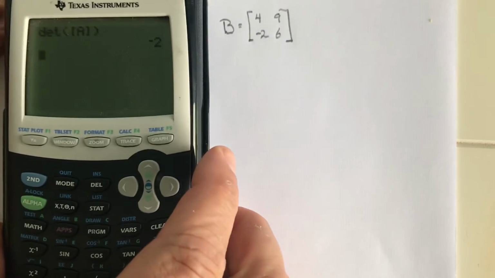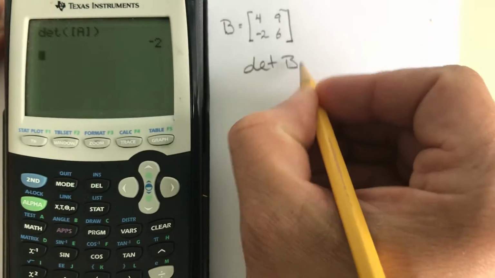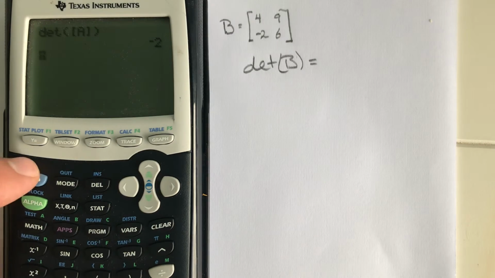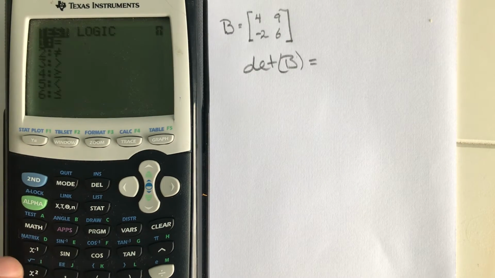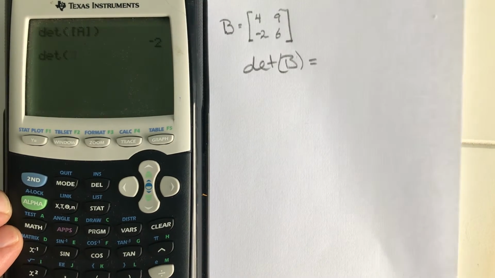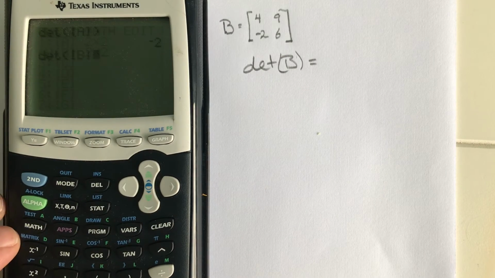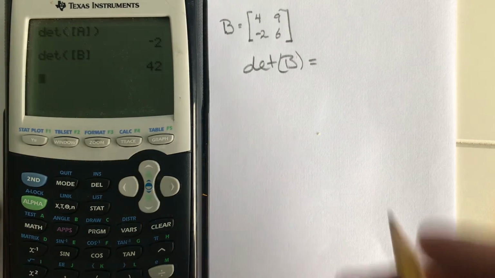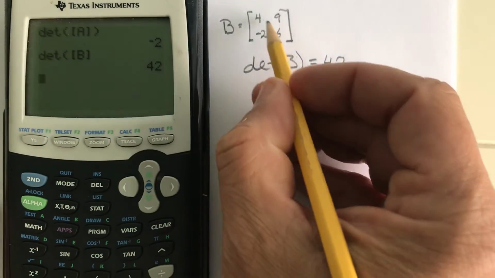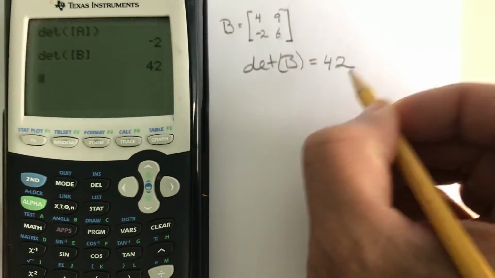So the determinant of B should also be pretty easy. Let's just get the calculation. Second matrix, get your determinant out, and make sure that you get matrix B. Which is the same calculation as 24 subtract a negative 18, which is 42.